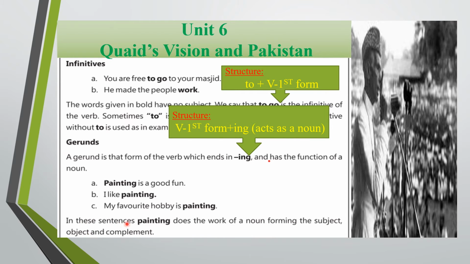In these sentences, painting is a good fun. I like painting and my favorite hobby is painting. The word painting does the work of a noun forming the subject, object and complement of the sentence. It is the position of the word painting that labels it as the subject, the object and complement of the sentence.